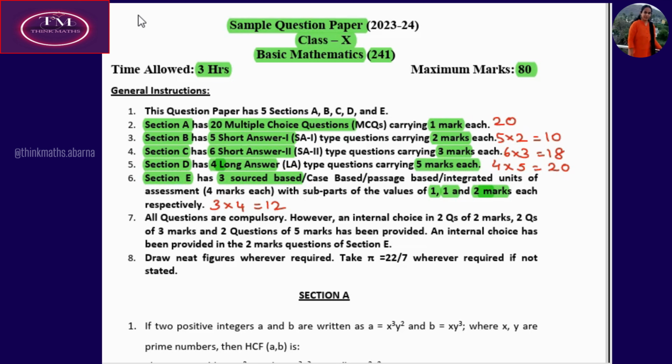All questions are compulsory, but there will be internal choice. Internal choice is given in 2 questions of 2 marks in section B. In section C, 2 questions of 3 marks will have internal choice.